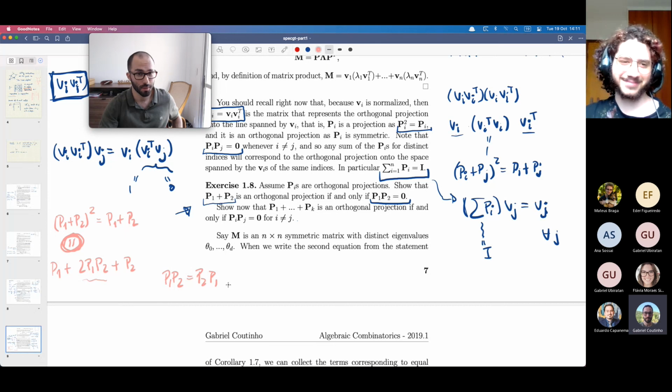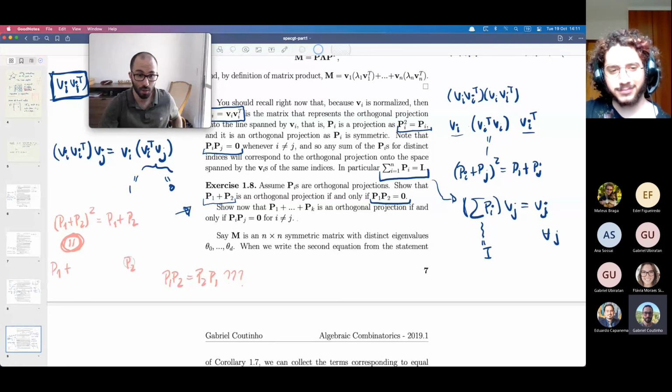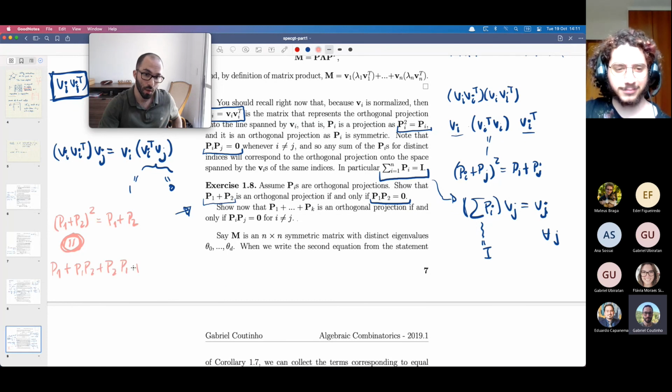That's true for numbers, but not necessarily for matrices. So in fact, the answer here should have been P1 P2 plus P2 P1 plus P2 squared.